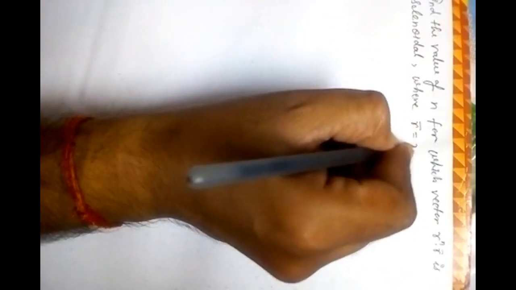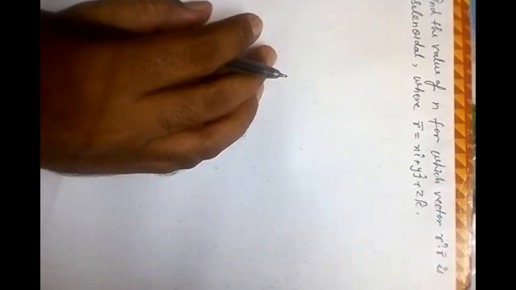Okay, next question is, find the value of n for which the vector rⁿ r vector is solenoidal, where vector r is equal to xi + yj + zk.